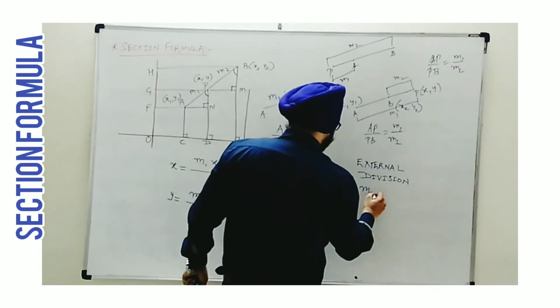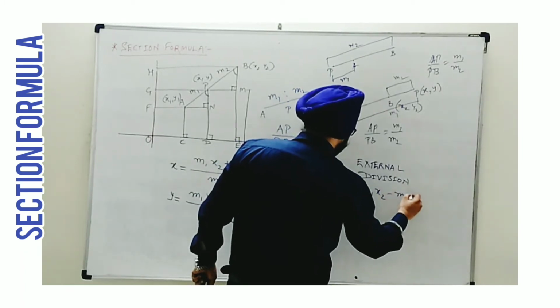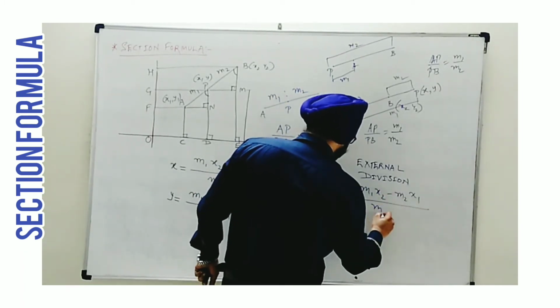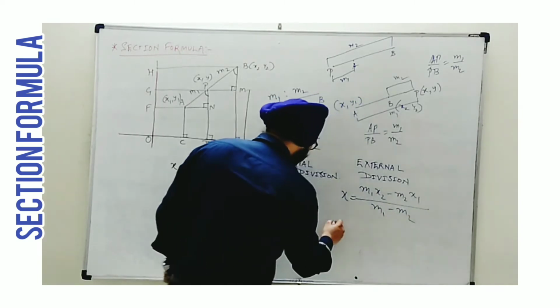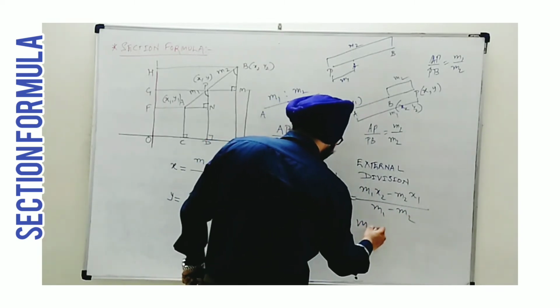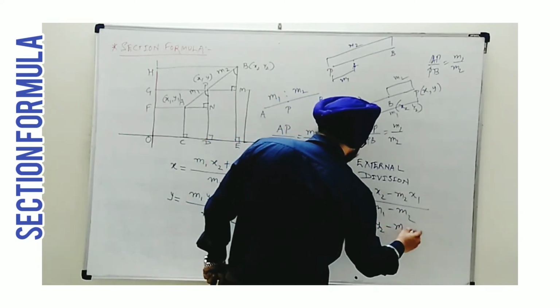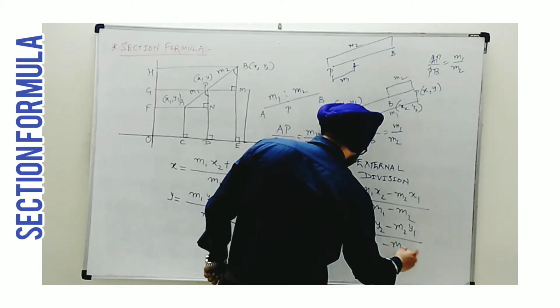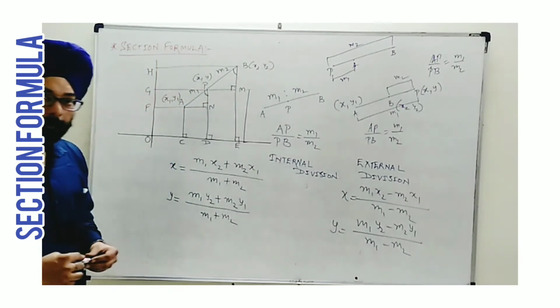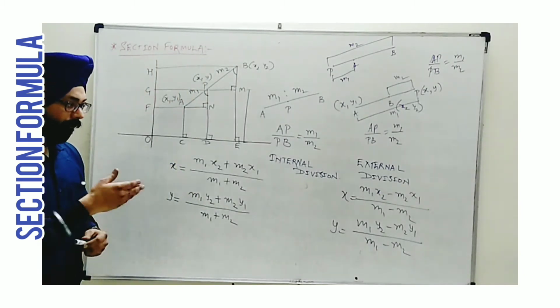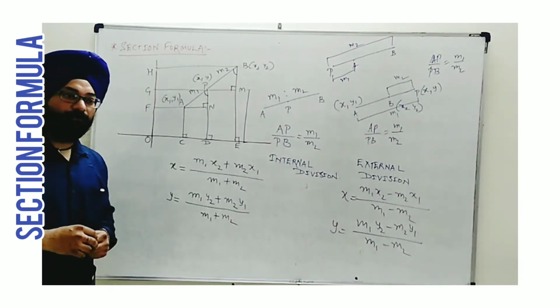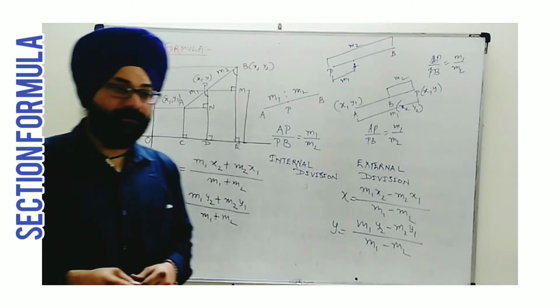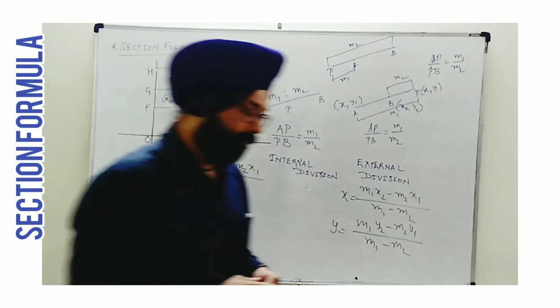This becomes x equals M1 x2 minus M2 x1 upon M1 minus M2. And y equals M1 y2 minus M2 y1 upon M1 minus M2. Okay, so this is the theory about the section formula. We will see its explanation through some questions. Let's start.